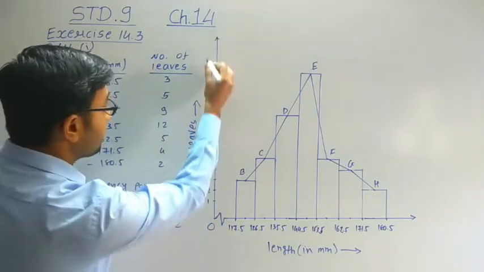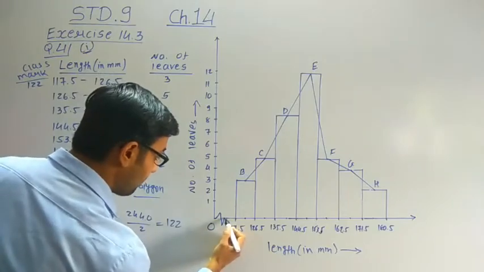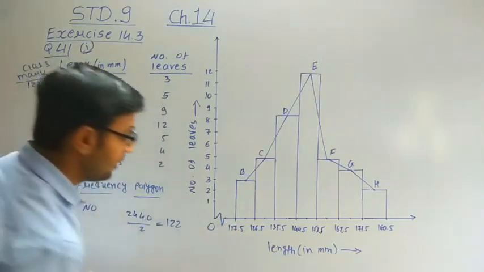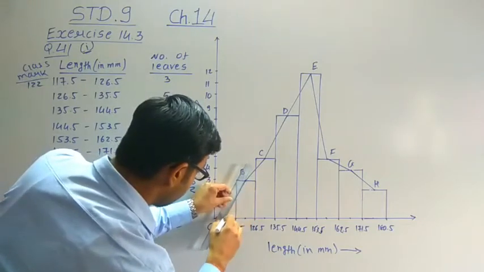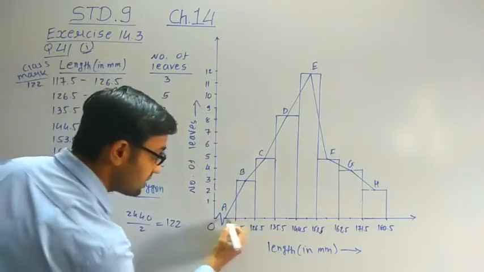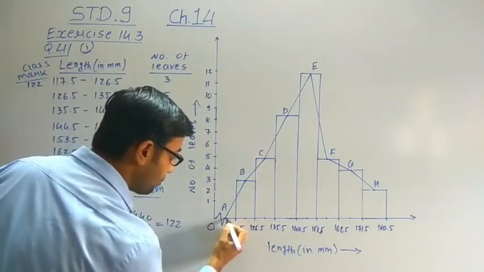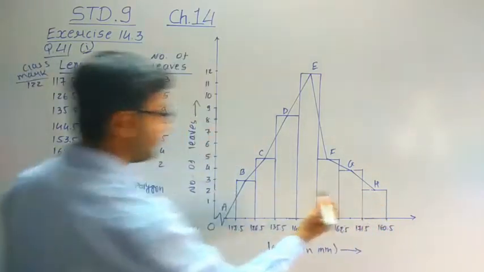That means frequency 0 lies on these lines. So that mean value we get here. Now we can join this point with this 0 frequency and that will be our point A. So now this polygon is closed from this side. The same thing we have to do here.